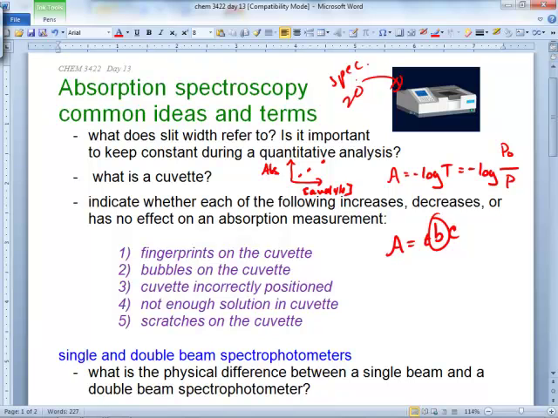You have it set up, and you're just popping the cuvette in and out. And Ricky, you weren't so careful. You got fingerprints on the cuvette that's being passed around. What would be the effect on your absorbance measurement? You would raise the absorbance. Everybody agree? Yeah, exactly.